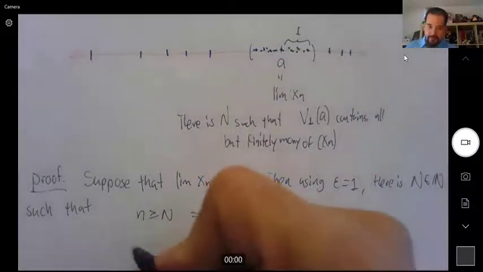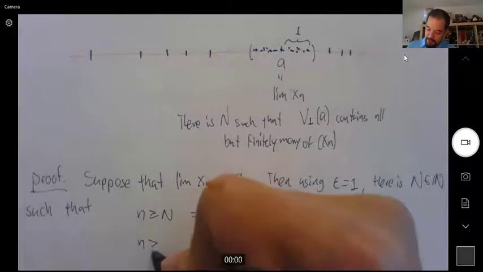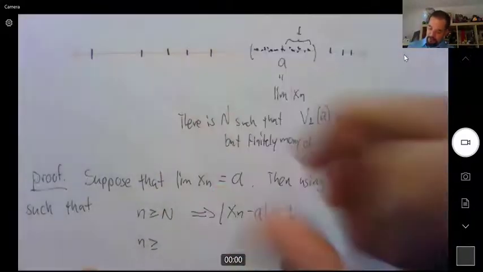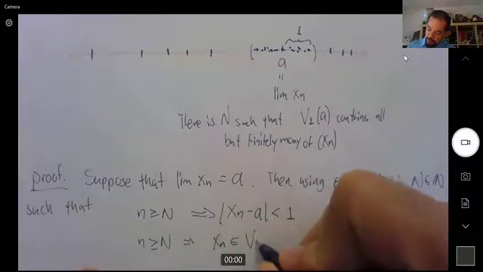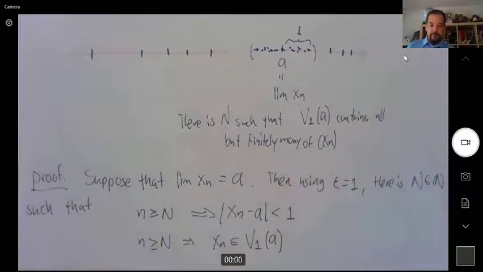Or you can rephrase this in the following way: if n is bigger than capital N, then xn belongs to the 1-neighborhood around a.